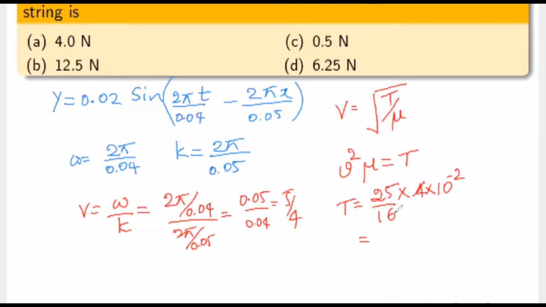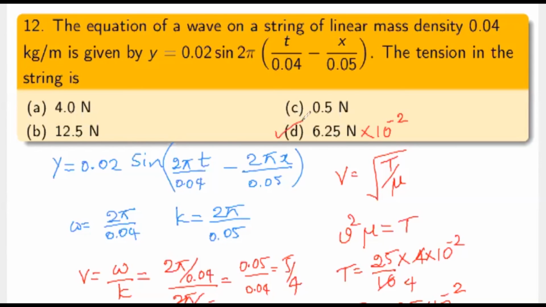So what do we get? 4 times... so 25 by 4, that is 6.25 into 10 power minus 2. And there is no such option, so it must be a multiple of 10 power minus 2 here. So option D is correct.